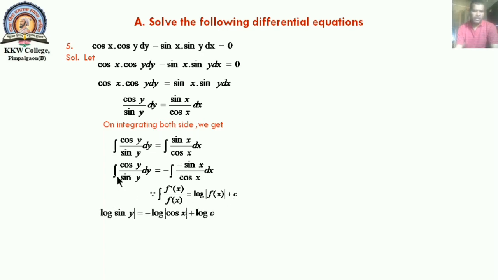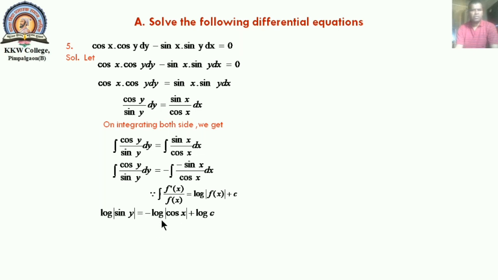Therefore, integration of cos y upon sin y dy is equal to log of mod of sin y, is equal to minus, keep as it is, integration of minus sin x upon cos x, which is minus log of cos x plus log of c. This constant of integration is added as log of c for simplicity.